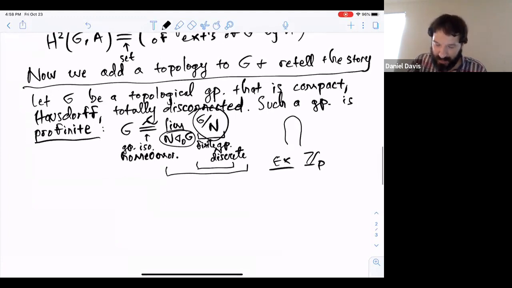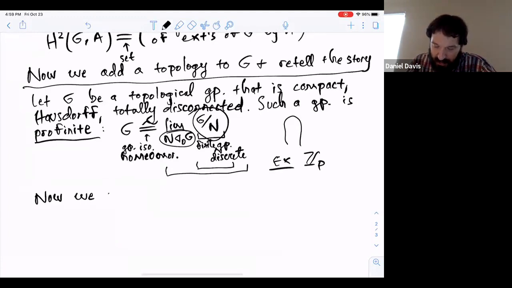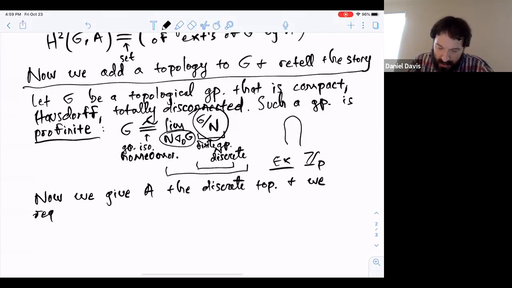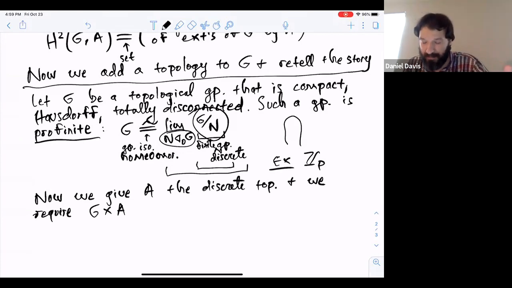So we've added a topology to G. This means that we need to add some structure to A. So now we give A the discrete topology, and we require that the action map... A here is still a G module.